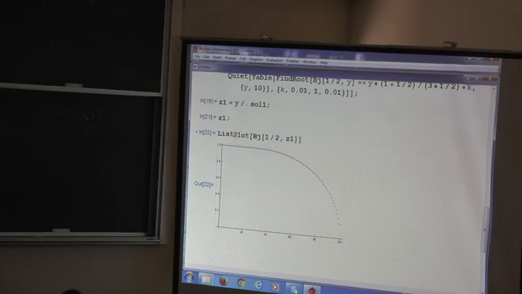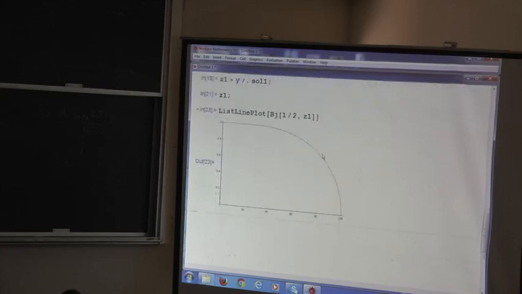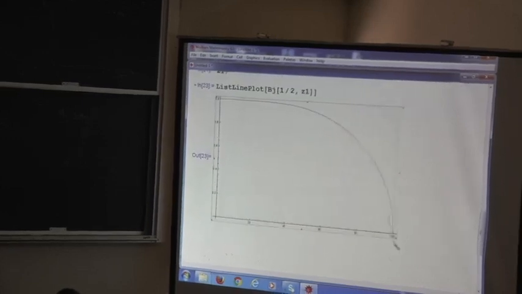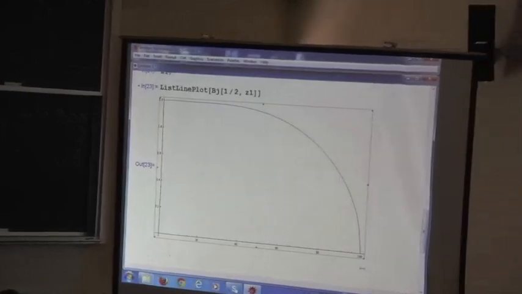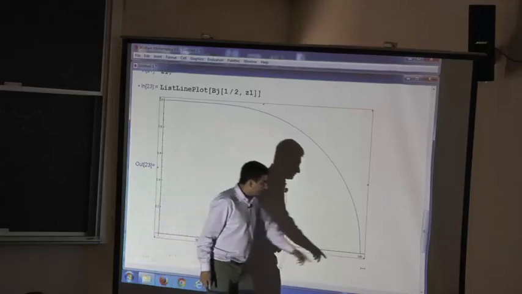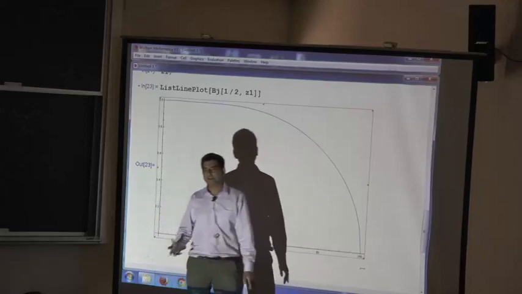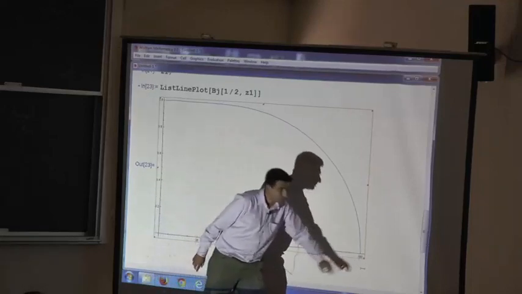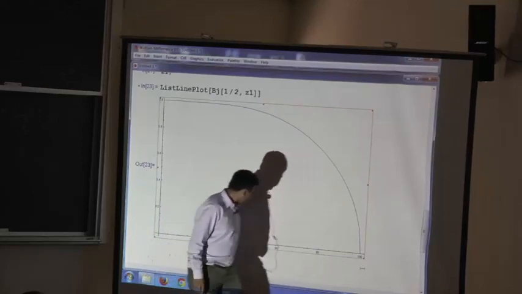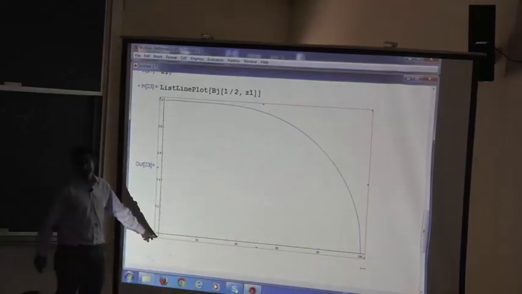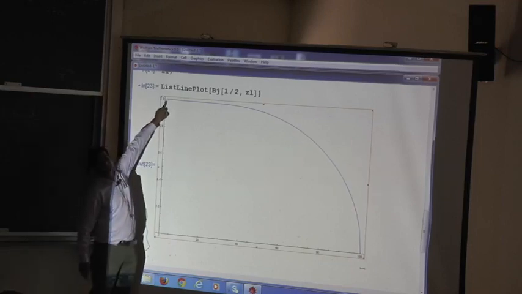I'm going to do a list line plot. Now this axis is my T over Tc axis. This 100 means 100%. So this is my Curie point. At my Curie point, the magnetization has dropped to 0. At 0 temperature, the magnetization is equal to ms.